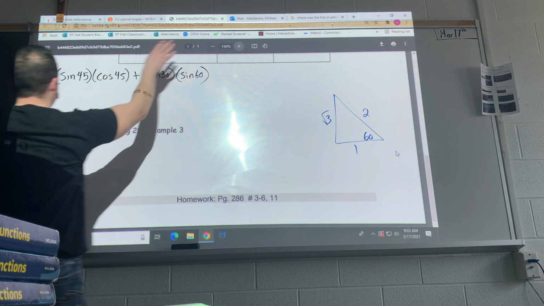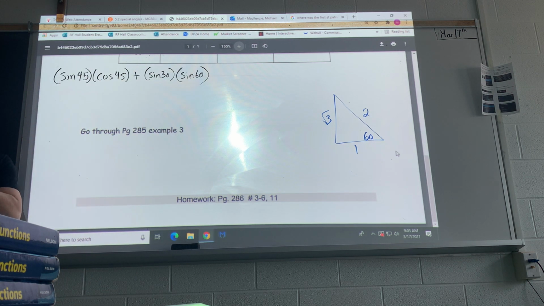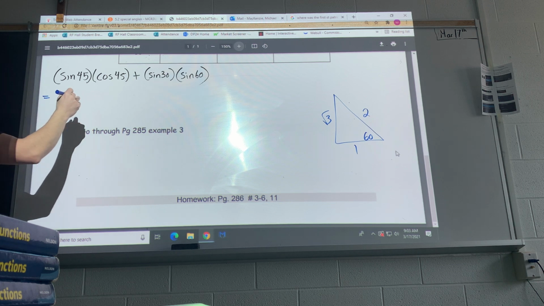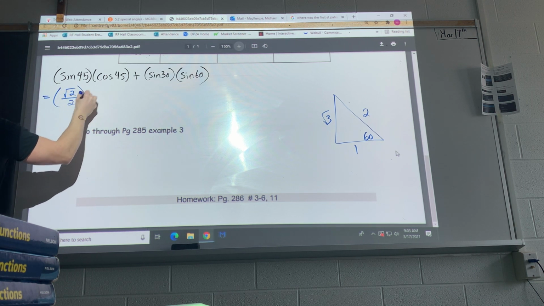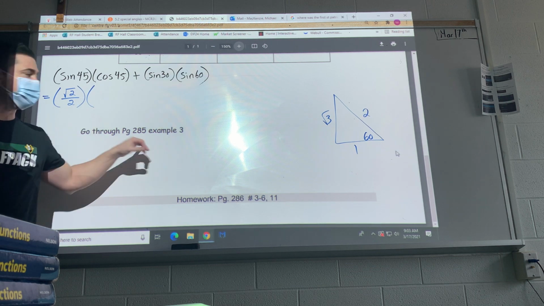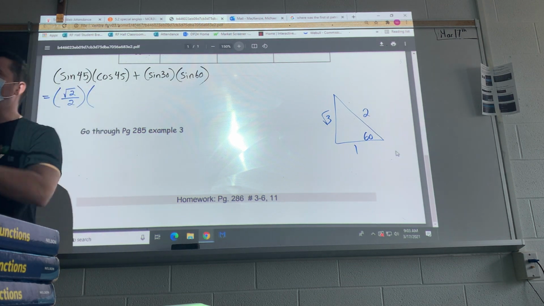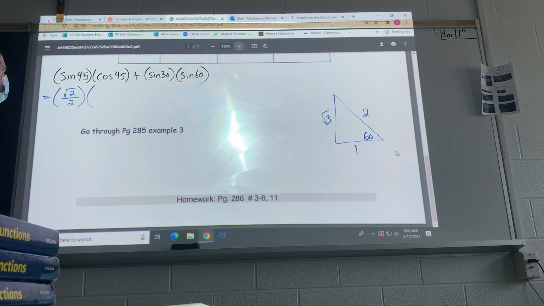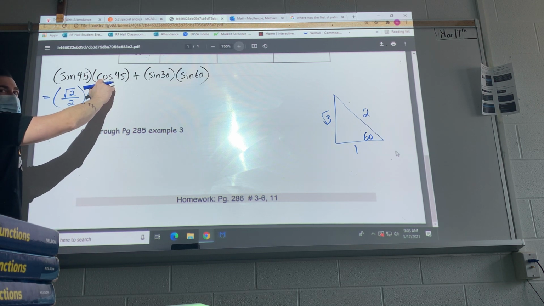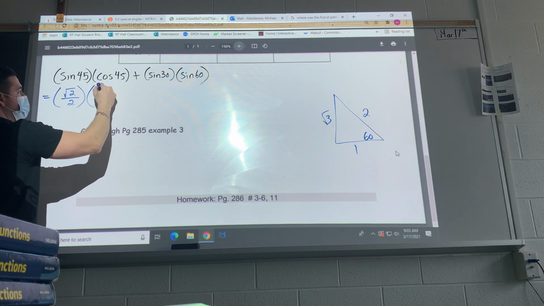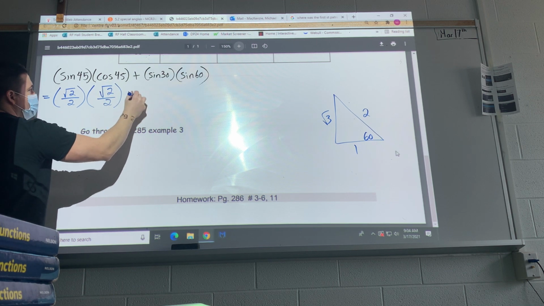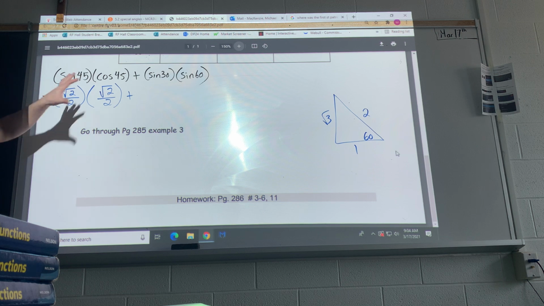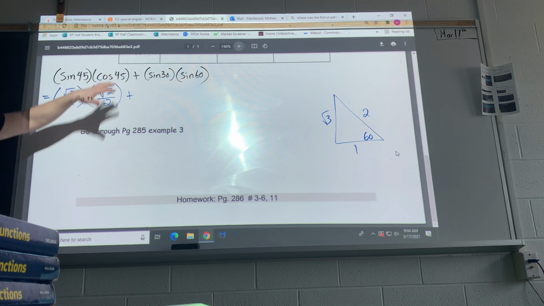Okay, so going from our chart, what was sine 45? Root 2 over 2. So we plug in root 2 over 2, good. The question says to do exact value, so no decimals. Cos 45 was the same thing, right? So cos 45 is root 2 over 2, good. So we're just plugging in values from the table into the brackets.